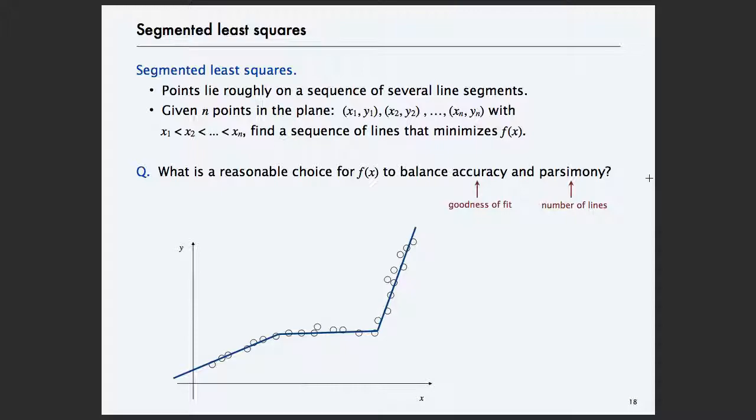Yes, just make a line between every point. It's perfect. It fits perfectly. So we need some way of penalizing the number of lines. We want something with a good error that doesn't have too many lines. So accuracy is the error and parsimony is the number of lines.